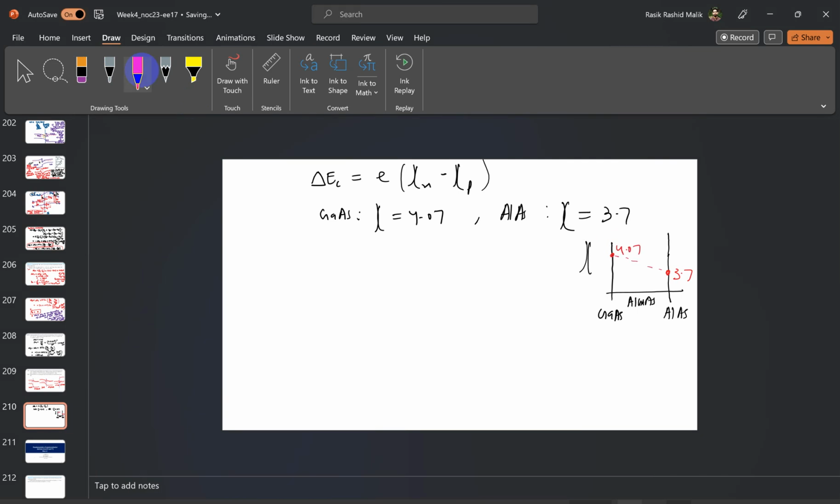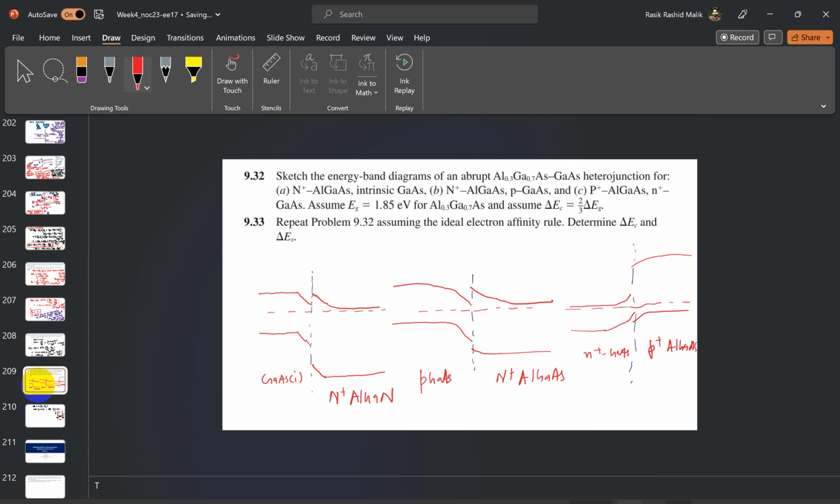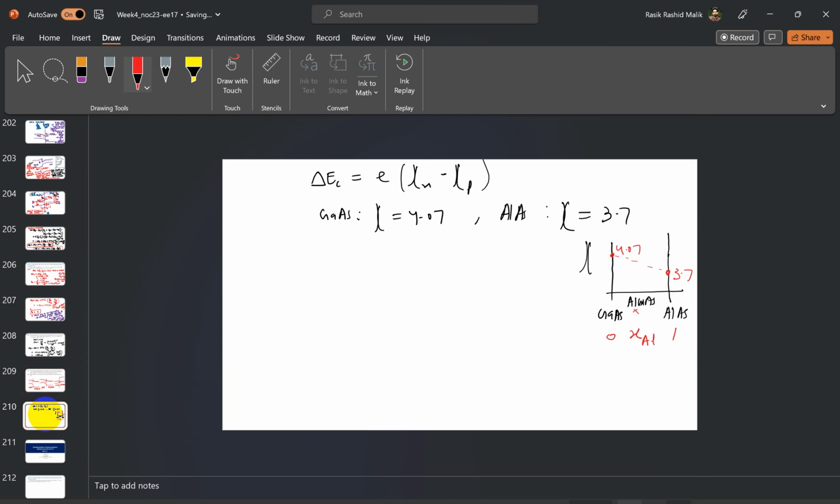If I assume the linear approximation as the mole fraction X of aluminum increases from 0 to 1, then for this special case of X equal to 0.3, aluminum 0.3, gallium 0.7 and arsenide, chi comes out to be 3.9. So this is the linear extrapolation.